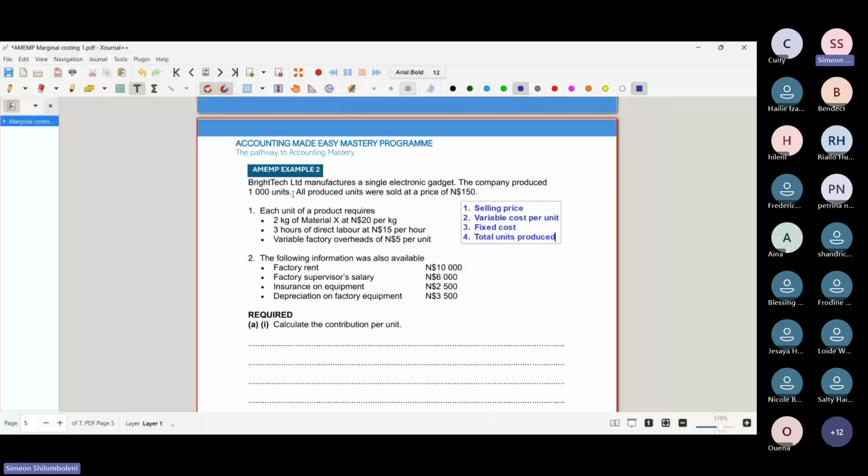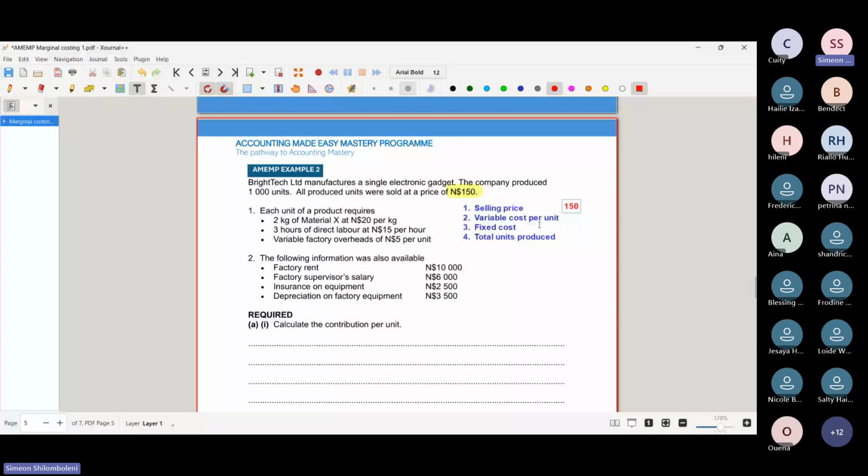So here, let's find out if we have this information. First one, selling price. All units produced were sold at a price of 150. So this part is sorted, and it's given here as 150. Variable cost per unit.